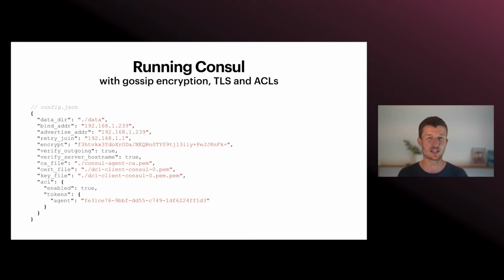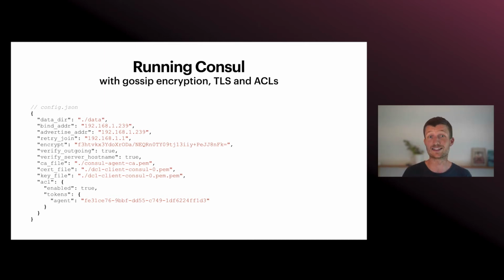Even though that doesn't make sense, it should also be forbidden, because in case somebody else gains access to that machine and has this agent token, you don't want that person to do anything else except for the limited scope that it should have.